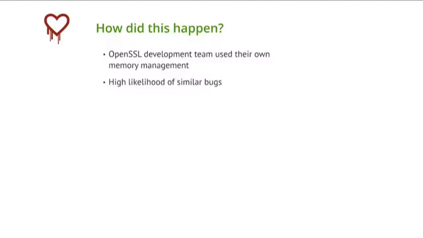So no doubt there are going to be other bits of software out there, also commonly linked across multiple applications, and these things have an extreme likelihood of falling victim to a similar type of bug.